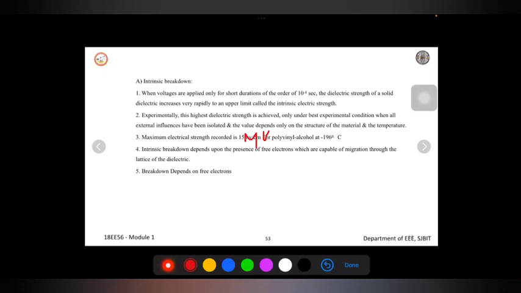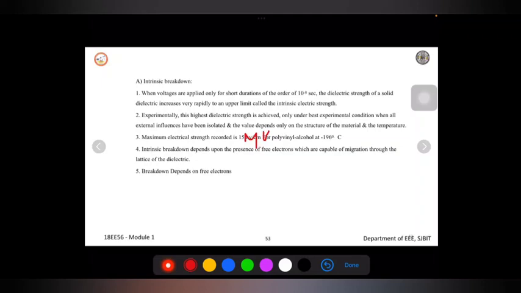These free electrons are present along with some structural imperfections and small amounts of impurities, wherever we have a structural imperfection, any damage, any cracks, or any small amount of impurities.